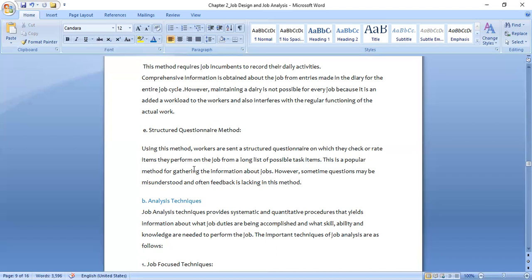And of course, they will fill in that information. At the end of the day, the human resource practitioner will be able to get the information about the job design required.